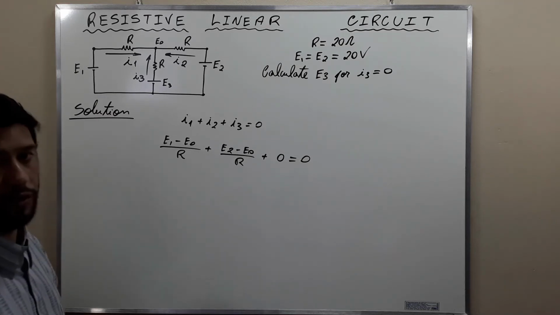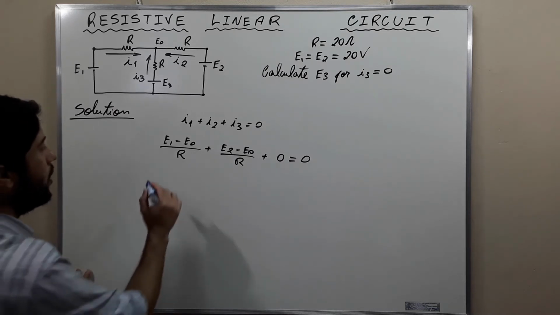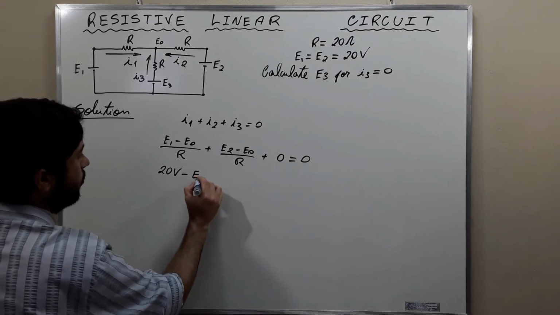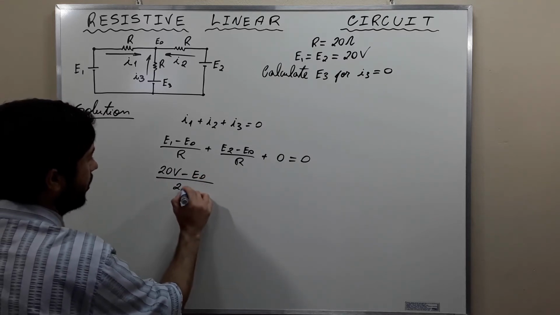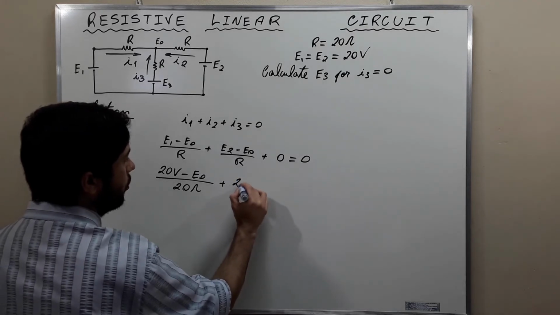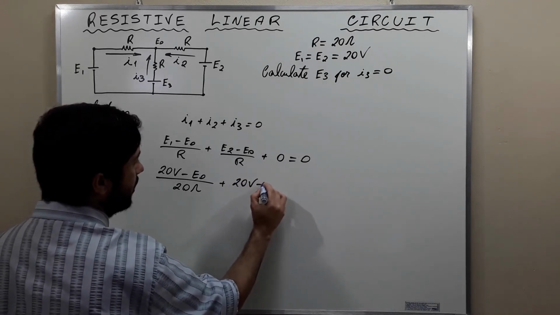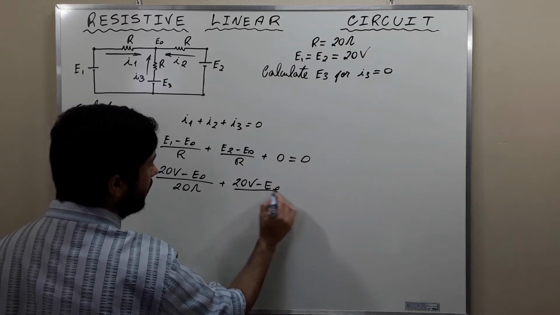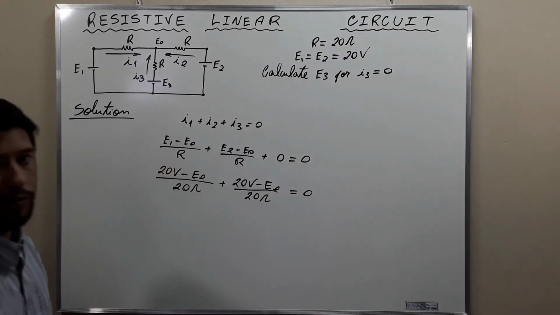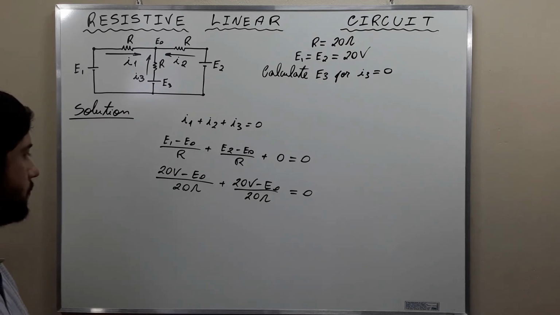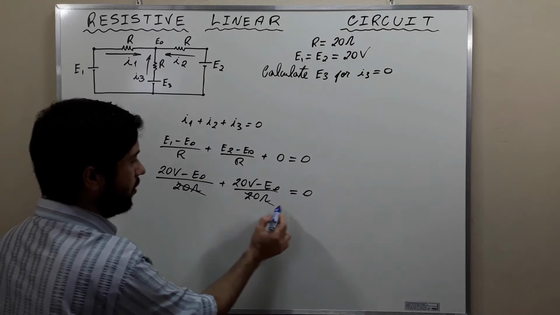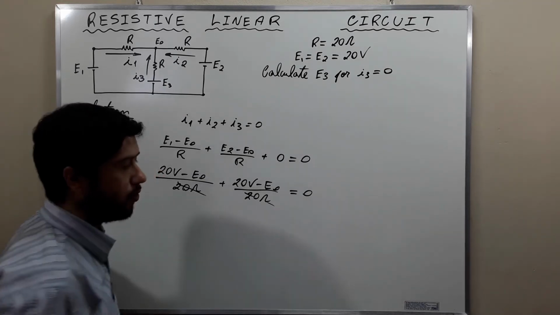Let's substitute the values. 20 volts minus E0 divided by 20 ohms plus the same here, 20 volts minus E0 divided by 20 ohms, has to be equal to 0. Here we can cancel this with this because the denominator is the same, okay?